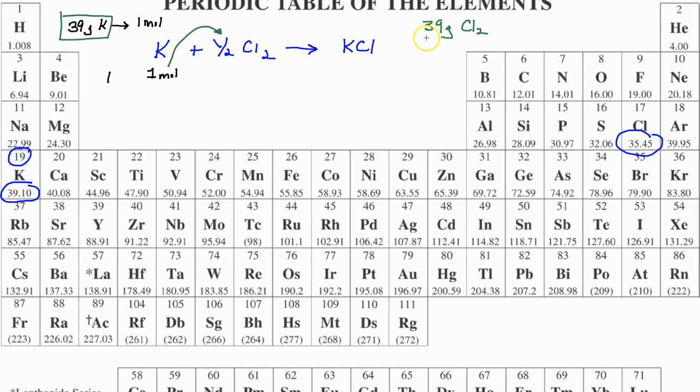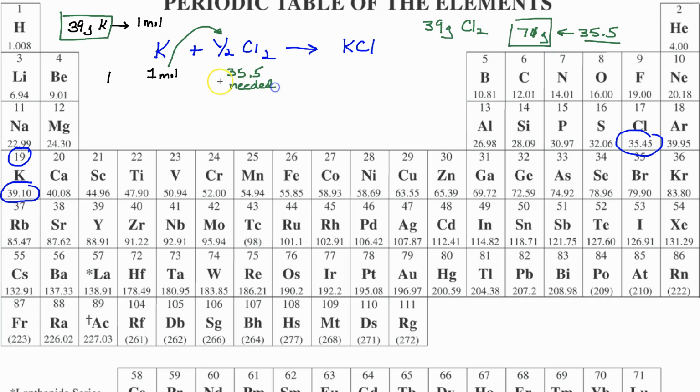If chlorine is 35.45, we can round that to 35.5, so Cl2's molar mass is going to be 71 grams per mole. So what's 1/2 of 71? 35.5. So I have 35.5 grams needed.